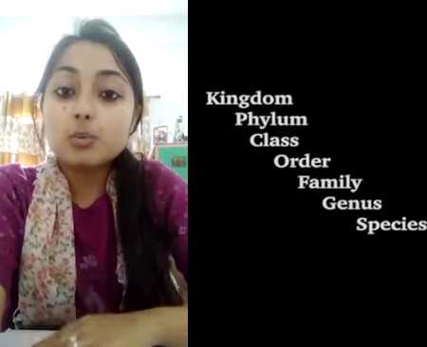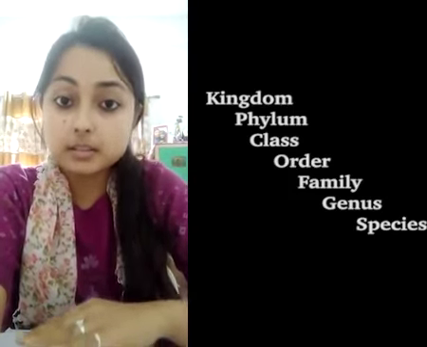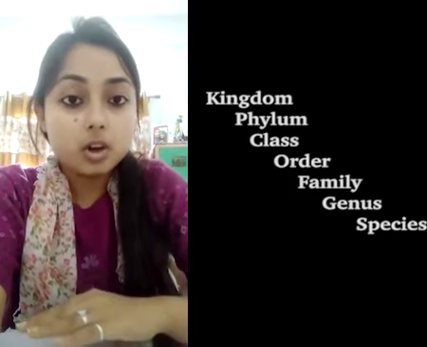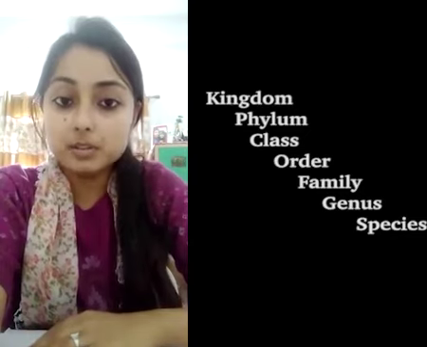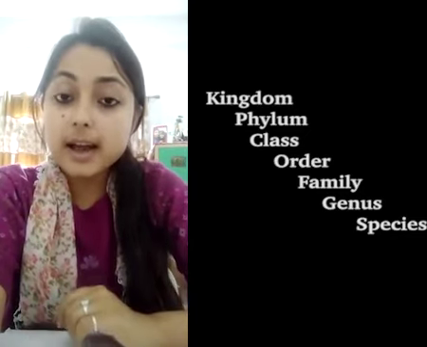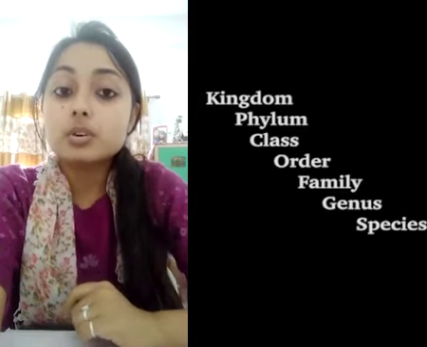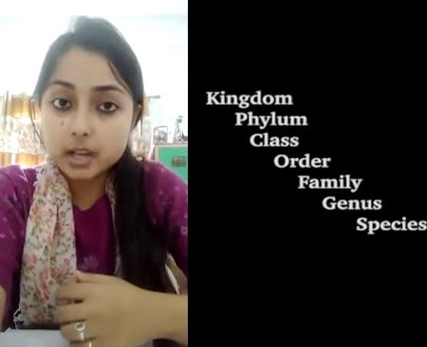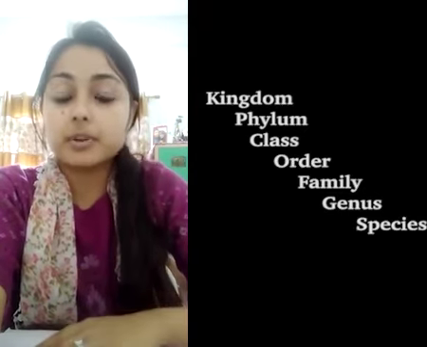Now, grouping of animals in a scientific and systematic way is not only helping us to measure the levels of diversity in animals, but at the same time it also helps us to study life in a better way.